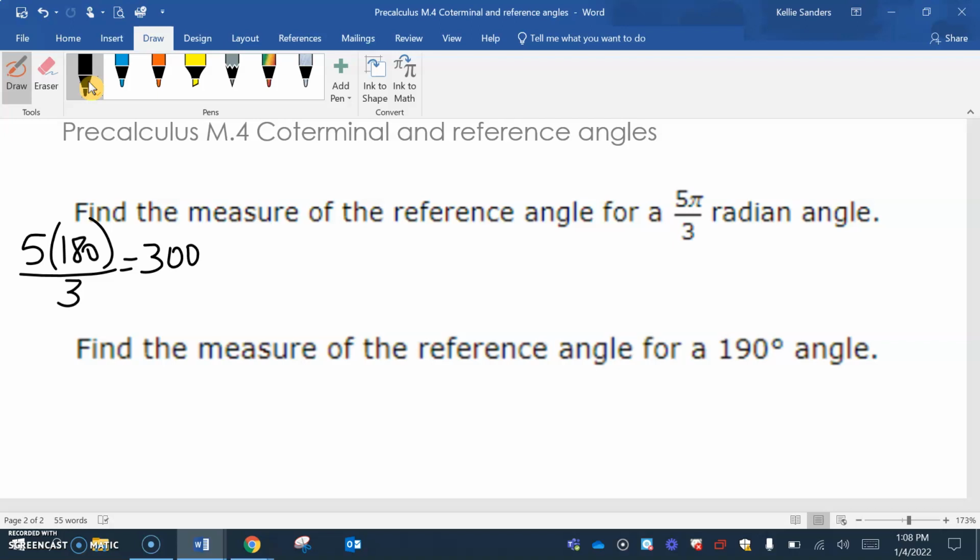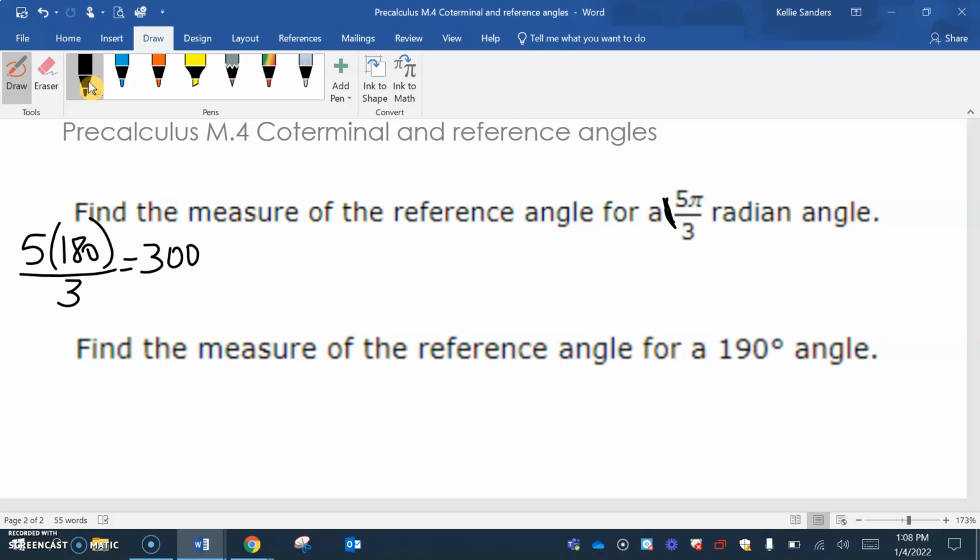Okay? Pretty much, if it's 5 over 3, 5 over 3 is really close to 6 over 3, and 6 over 3 is 2. And so it's almost a complete circle. That's how I see it.